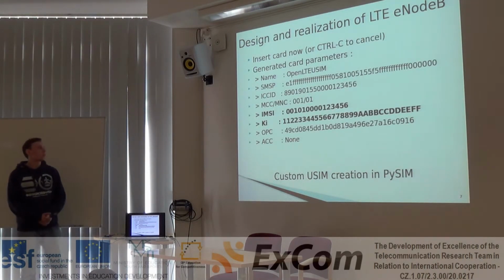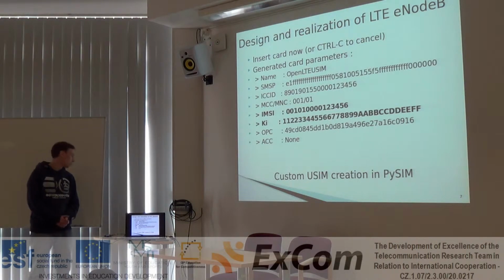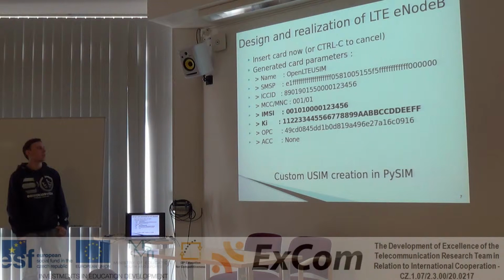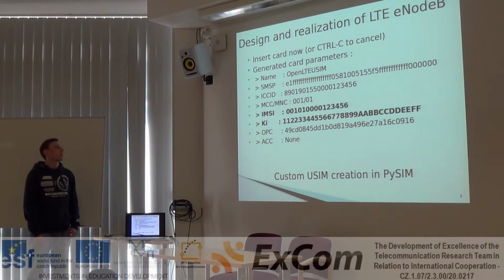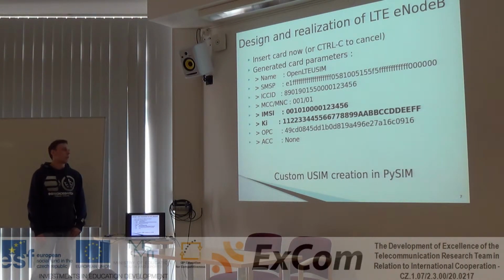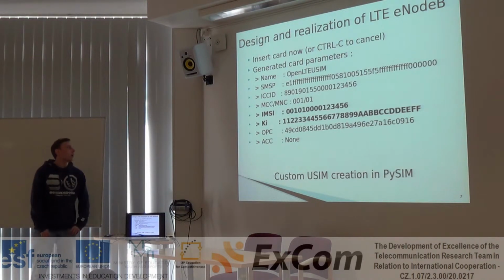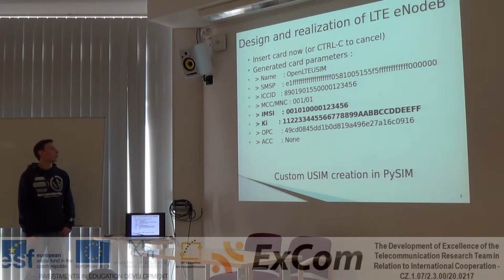The first thing we need when we want to register our mobile phone into the OpenLTE network is a SIM card. We cannot use a standard SIM card because the SIM cards we have from our operators don't publicly show the key which we need for authentication in our OpenLTE network.